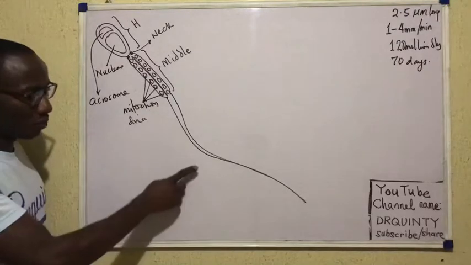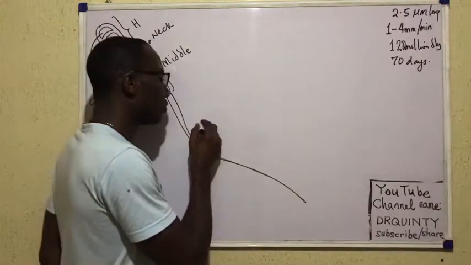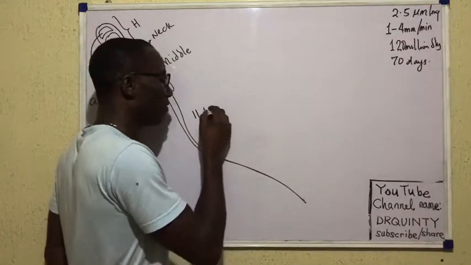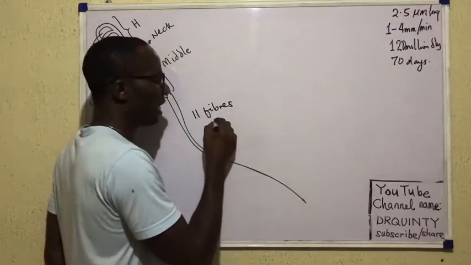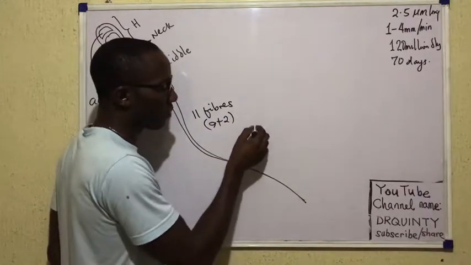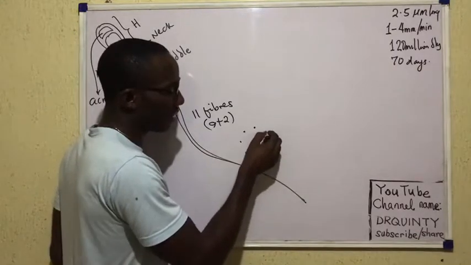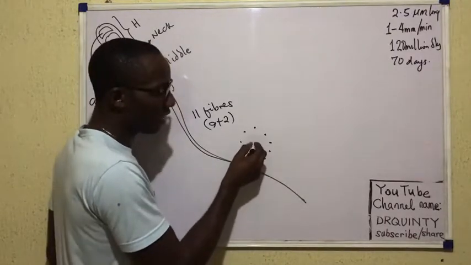Now this tail we are looking at, this may not be very relevant. It is known to have some 11 fibers in a 9+2 arrangement. We talk about the 9+2 arrangement of fibers, something like 1, 2, 3, 4, 5, 6, 7, 8, 9, like that, and then 2 in the middle.